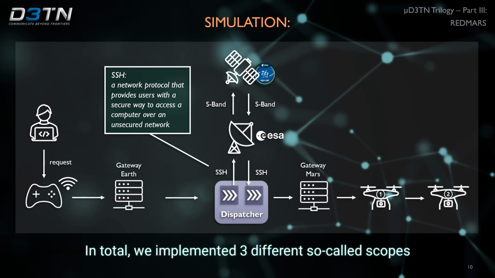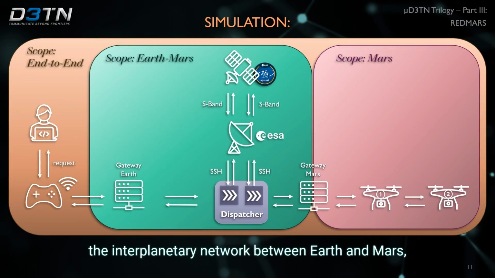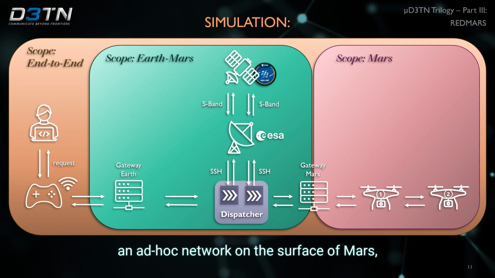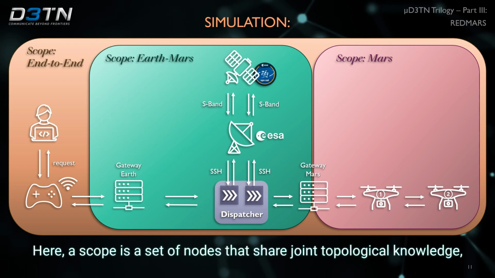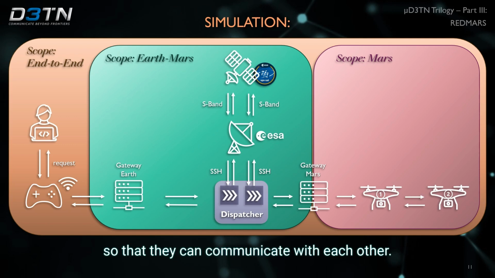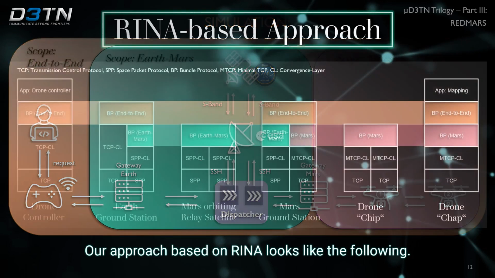In total, we implemented 3 different so-called scopes using the bundle protocol: the interplanetary network between Earth and Mars, an ad hoc network on the surface of Mars, and an overlay network specific to the experiment. Here, a scope is a set of nodes that share joint topological knowledge so that they can communicate with each other. Our approach based on RINA looks like the following.